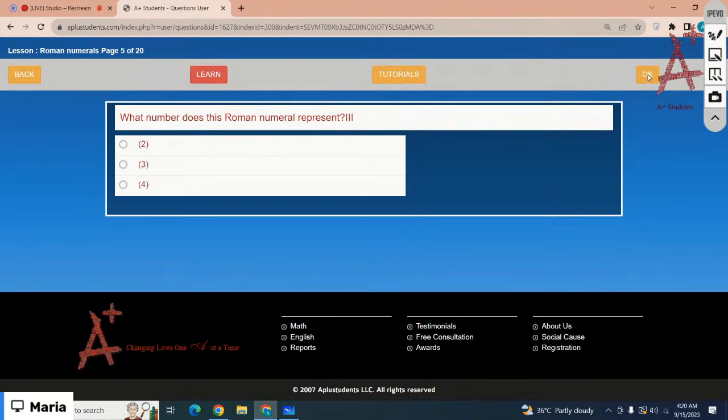That would be 3, right? The correct option is 3.